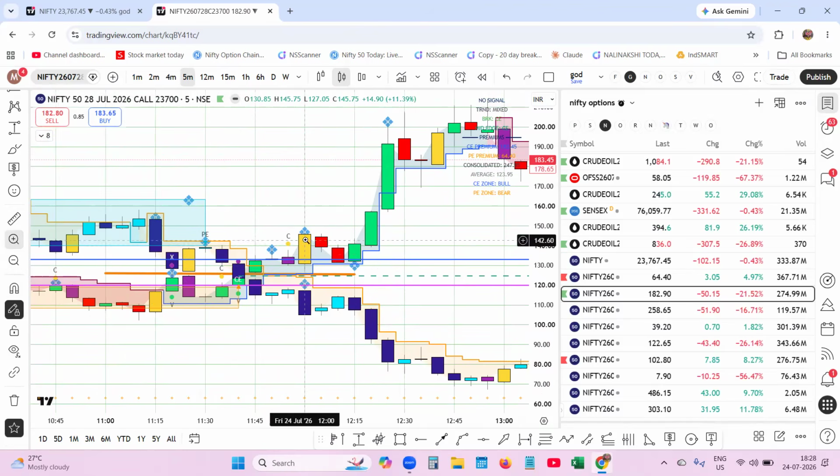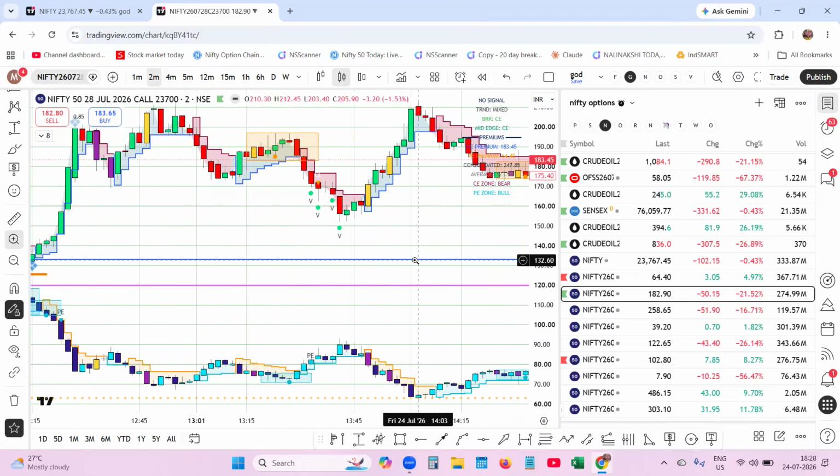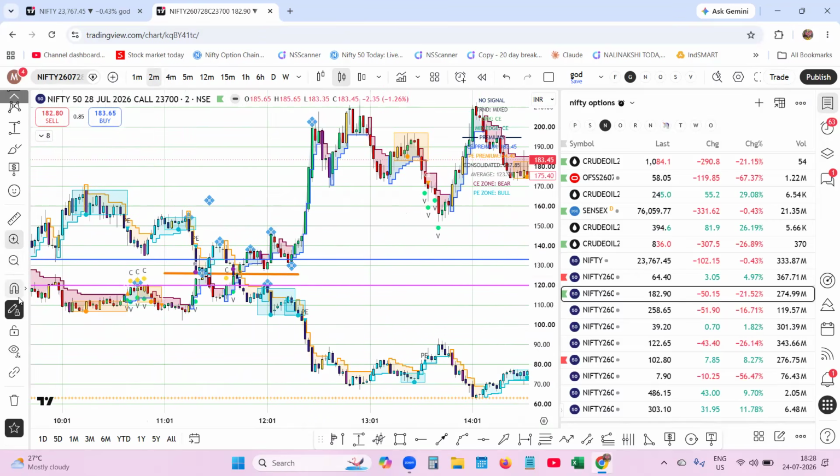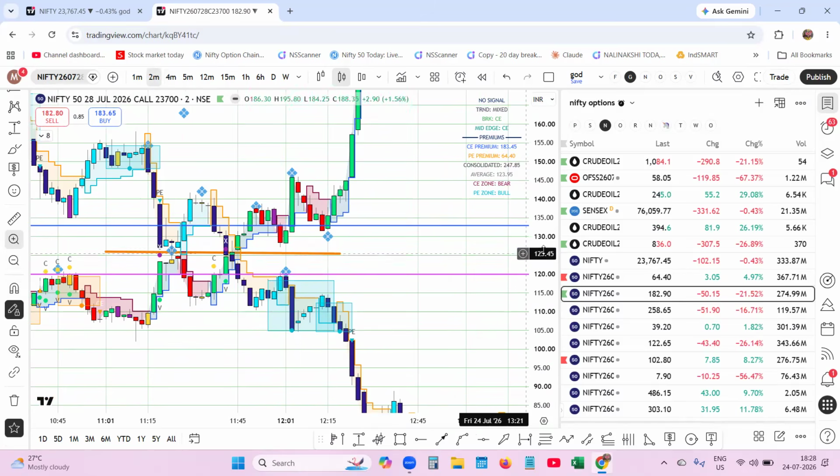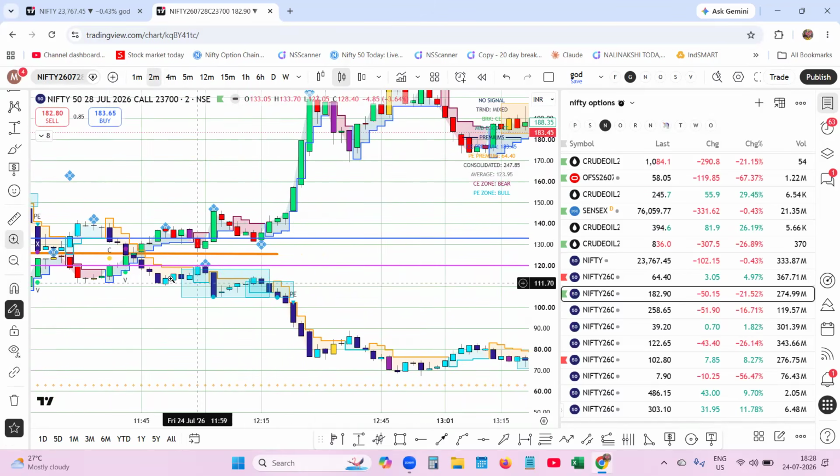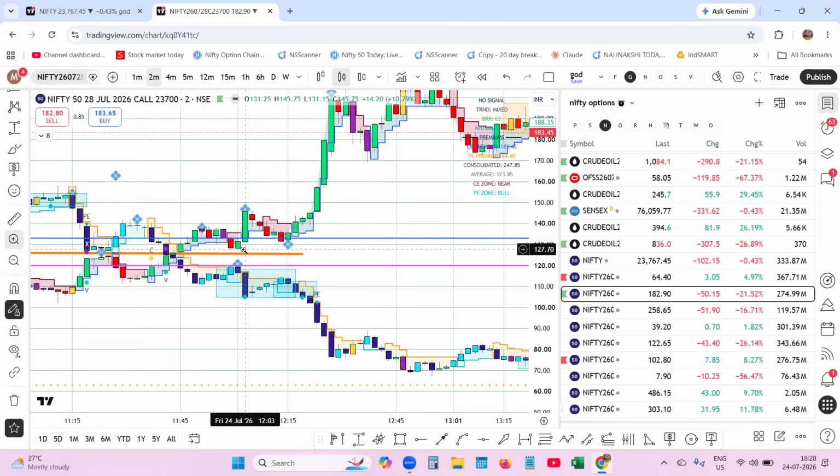This is the engulfing candle, engulfing all these things. Let me go to 2 minutes so that you will see the engulfing candle very, very clearly.